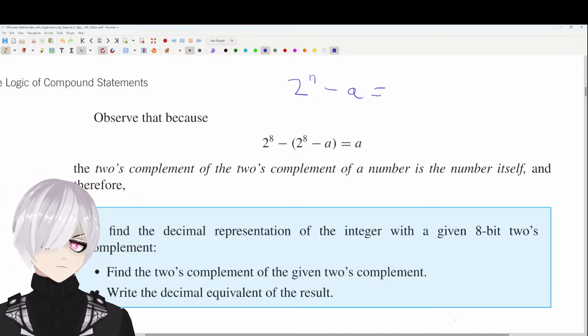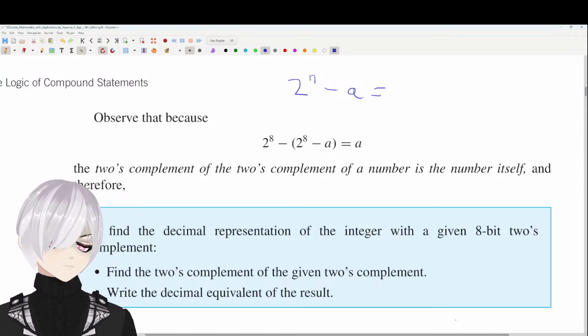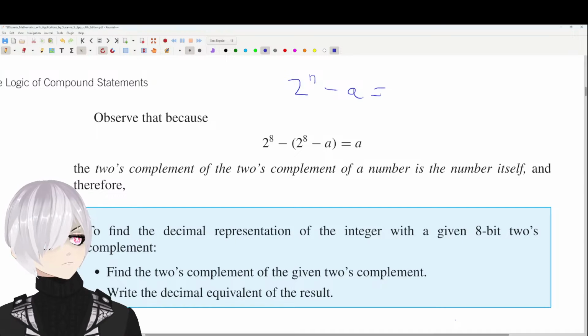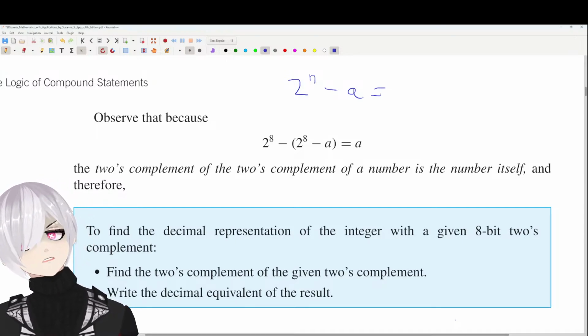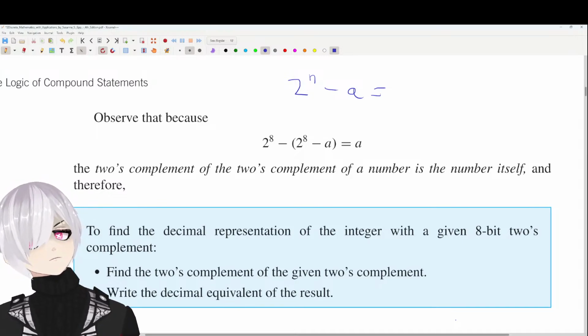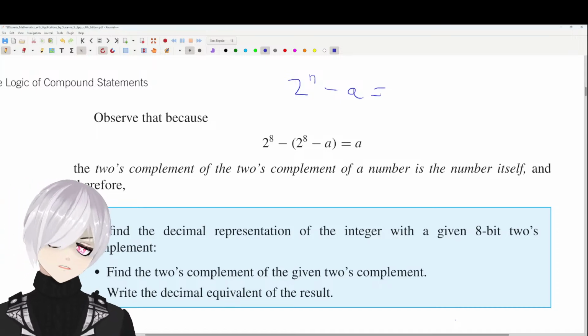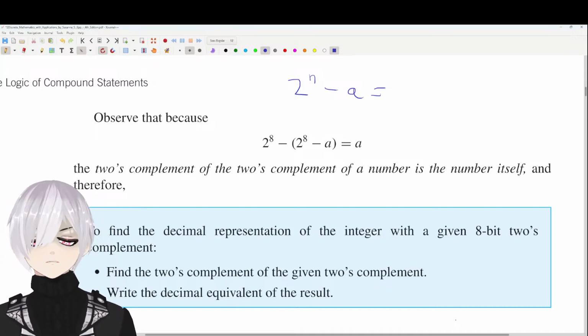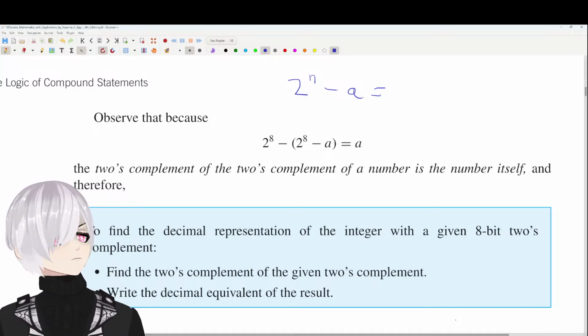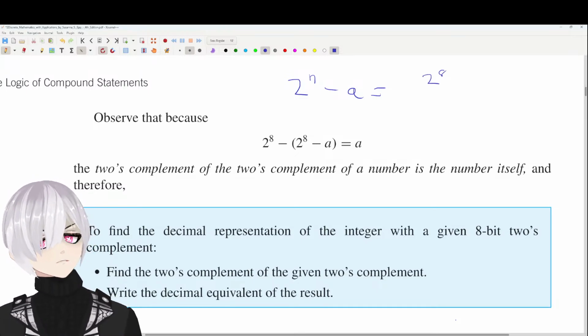Yeah. So that would be true if you were doing the 16-bit 2's complement, because 2 to the 16th minus (2 to the 16th minus a) equals a. Or maybe there's an easier one. I think 2 to the 8, they said, was a pretty easy one.